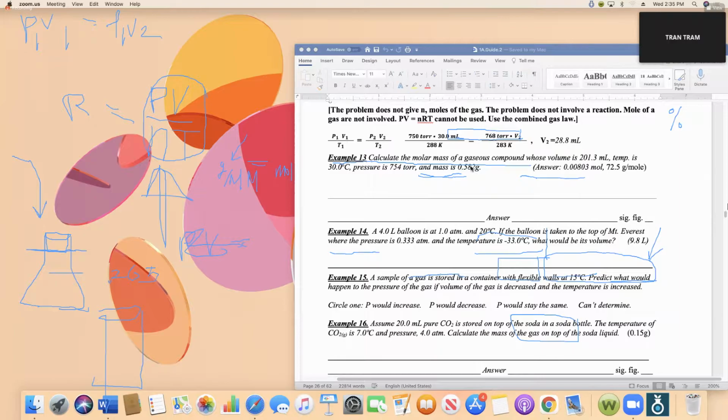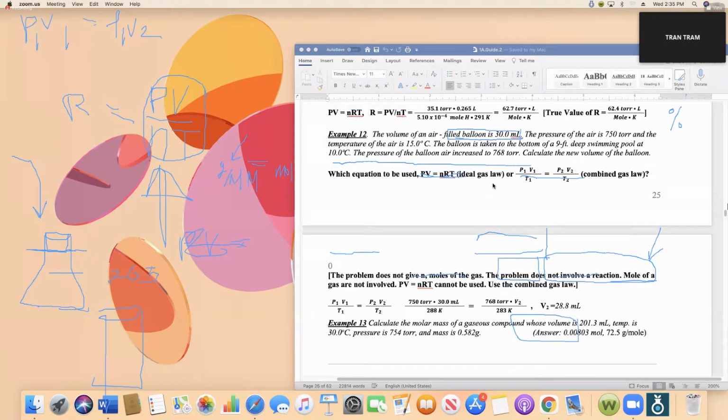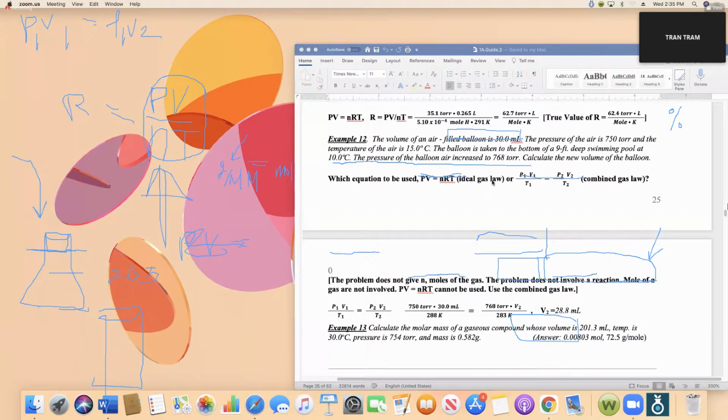Wait, I have a question, Professor. Yes. Can you go back to example 12? What's T1? That's temperature. Does T stand for temperature? Yes. And what does 1 stand for? And how is it 288 Kelvin? Where do you see 288? But tell me first, what does this 1 stand for?